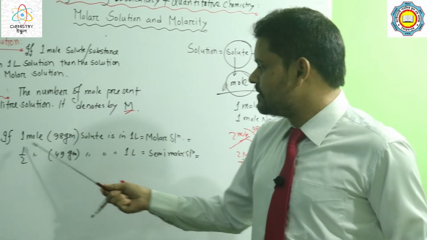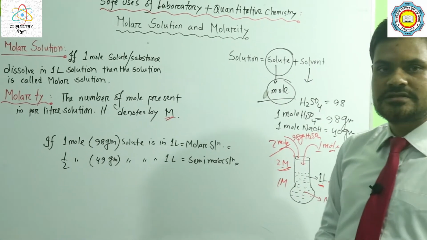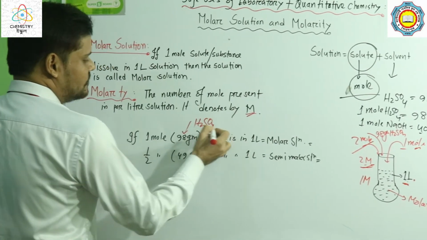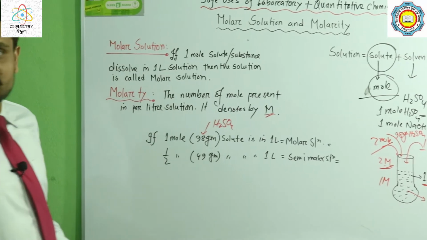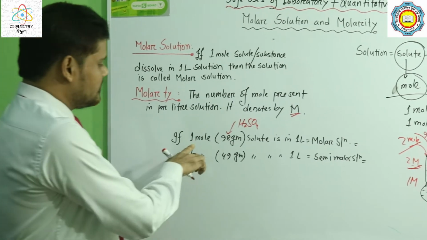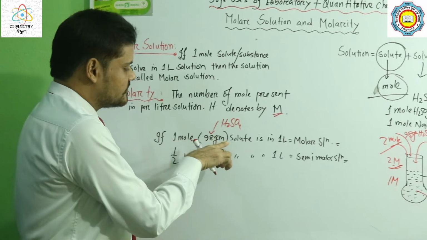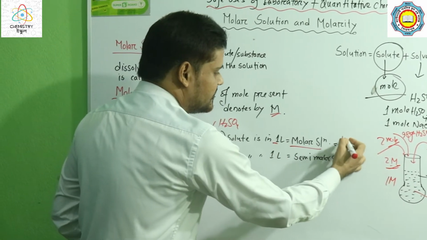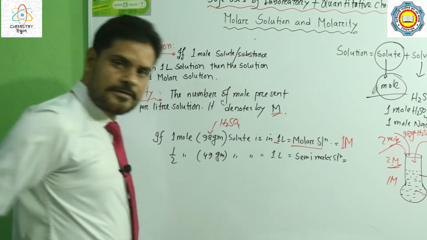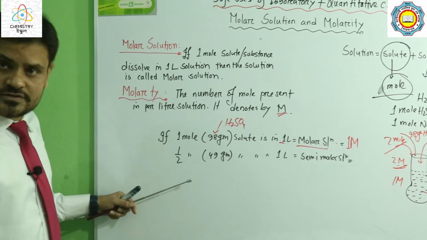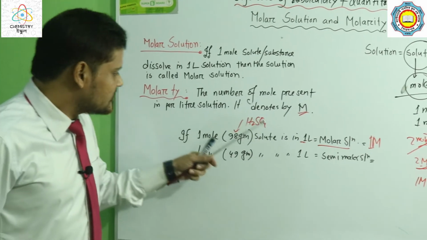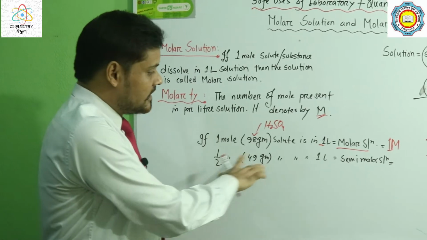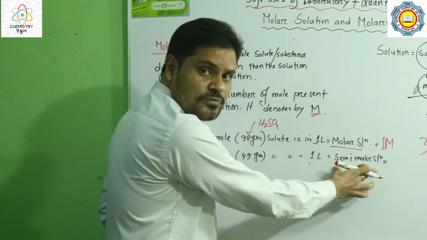If we take 1 mole of solute as sulfuric acid, I mean 98 gram of sulfuric acid, dear learners, when 98 gram, I mean 1 mole of solute, is dissolved in 1 liter, then it will be the molar solution. Molarity is 1M. If we dissolve half mole of solute, which for sulfuric acid is 49 gram, in 1 liter, then it will be the semimolar solution.